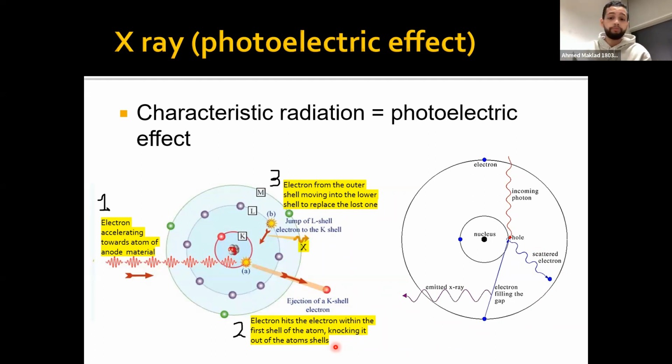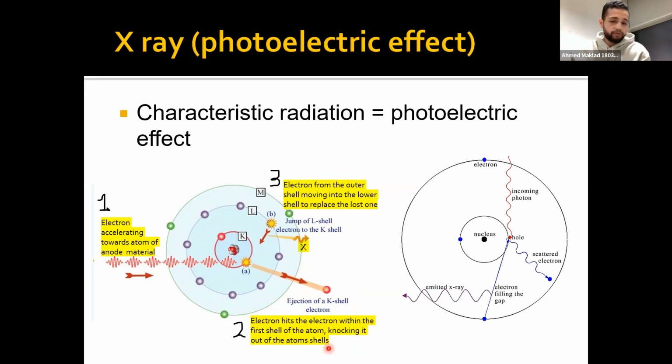It doesn't give you X-rays. X-rays are not electrons. They are photons, so keep that in mind. You don't get bombarded by electrons, you get bombarded by photons. So yeah, that electron is just going to be useless. It's going to be a scattered electron, nothing more, nothing less.